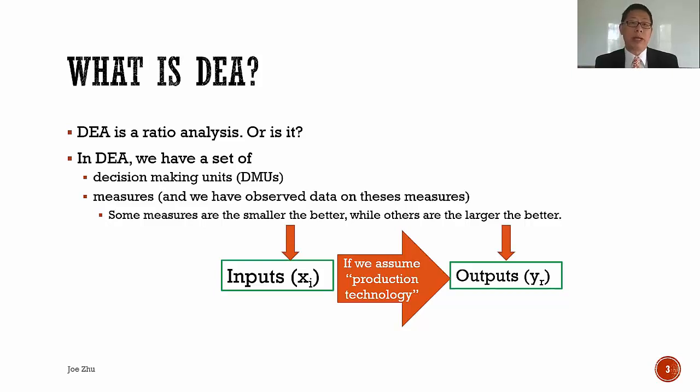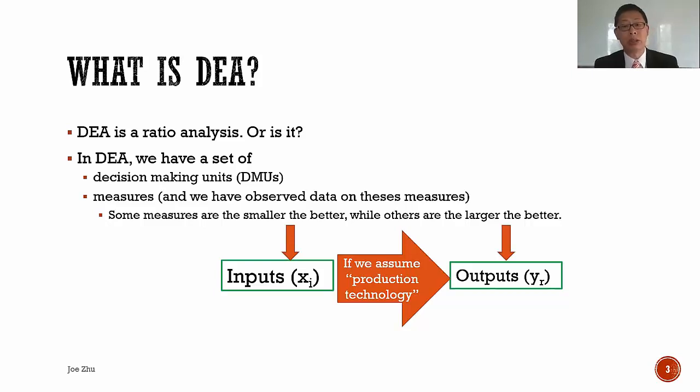So you try to figure out which units are the best practices, right? So the inputs will be the smaller the better, and the outputs will be the larger the better. But again, there are some other types of measures, and you can do a literature search on DEA and you can see those papers.